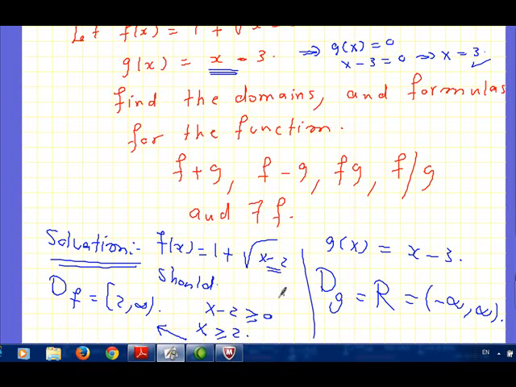So the domain of the function f will be from 2 up to infinity, closed at 2 and open at infinity. The domain of g of x equals x minus 3, as it is a polynomial, will be R. So the common domain of the two functions will be from 2 up to infinity.